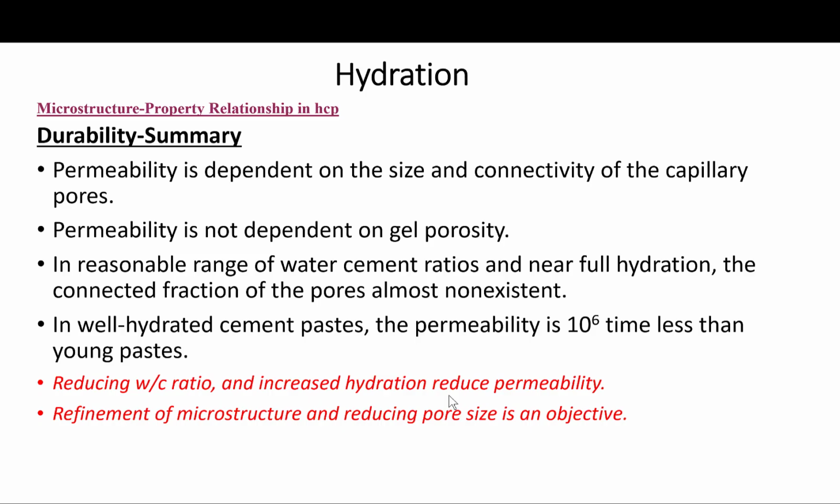In well-hydrated cement paste, the permeability is roughly 10 to the power 6 times less than young paste. So again, reducing water cement ratio and increased hydration reduce permeability. Refinement of the microstructure and reducing pore size is an objective of ours to have better performing, more durable concrete.